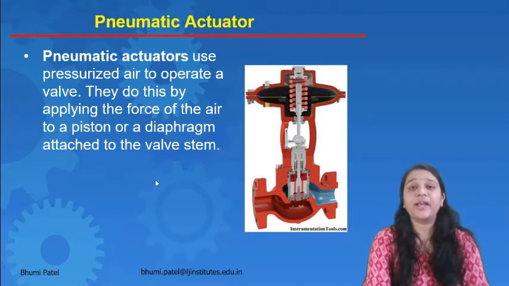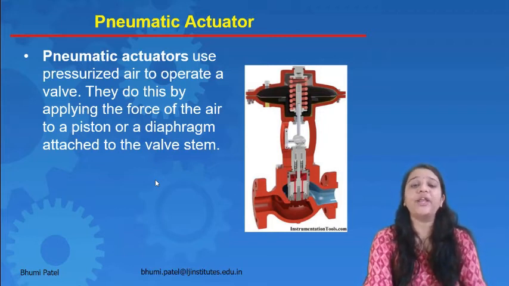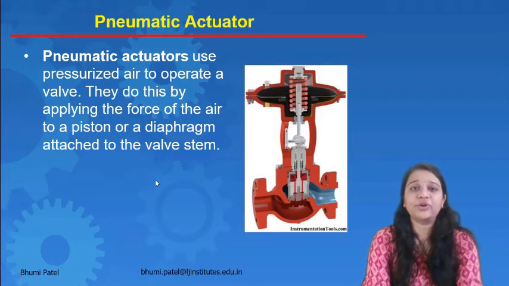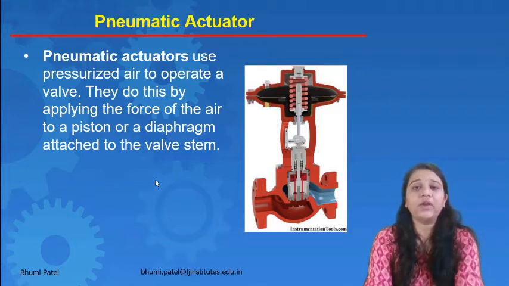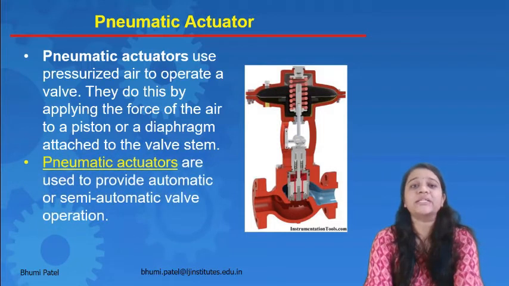So we can connect the actuator with the valve stem, and we can apply the force according to the system so that we can control the valve output. Pneumatic actuators are used to provide automatic or semi-automatic valve operation.